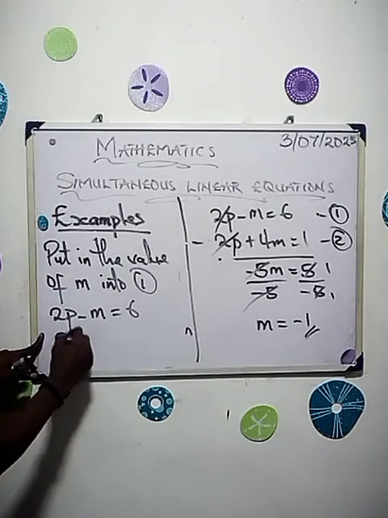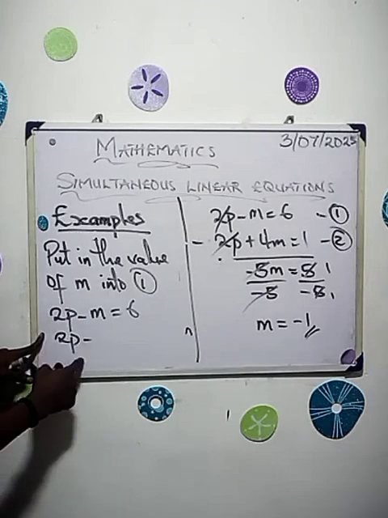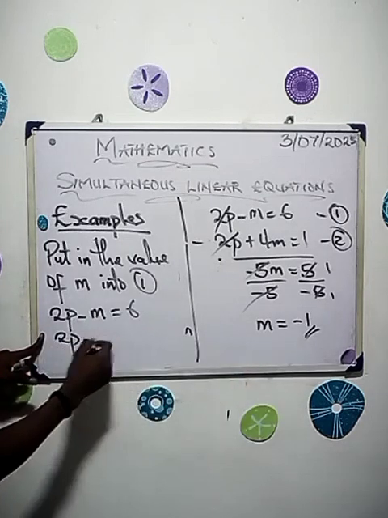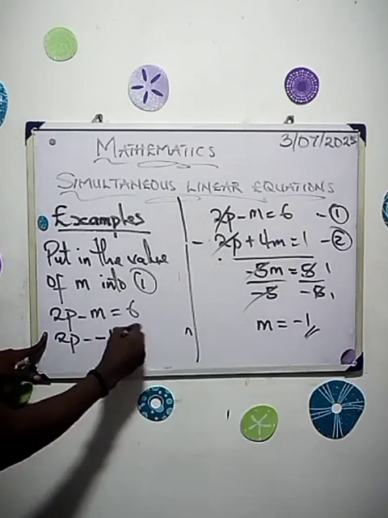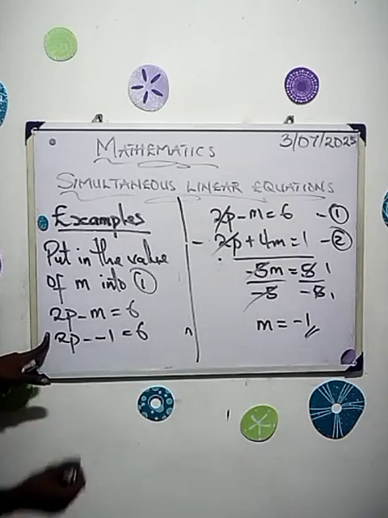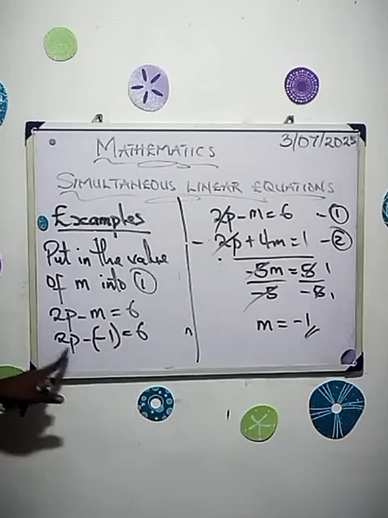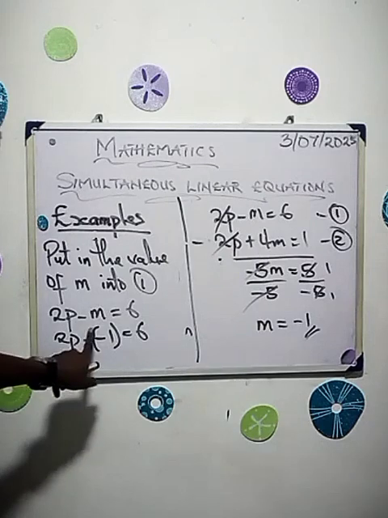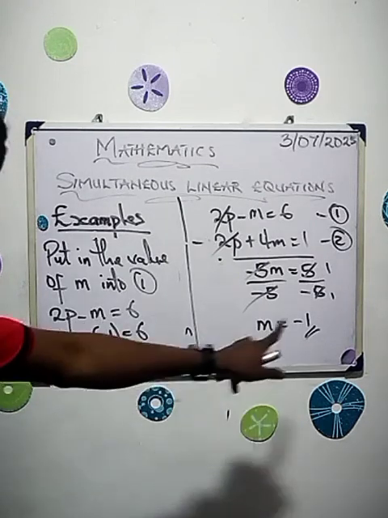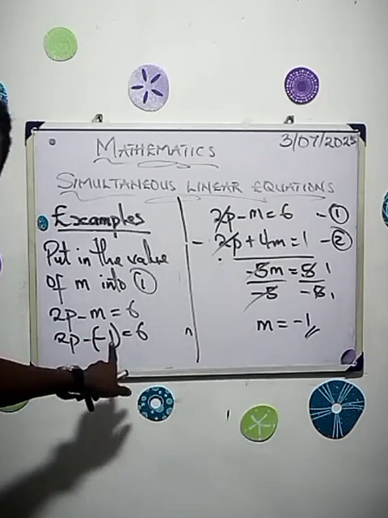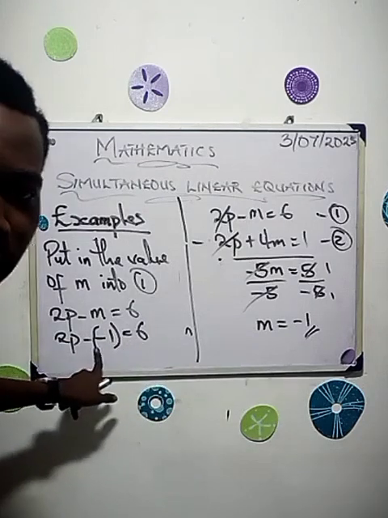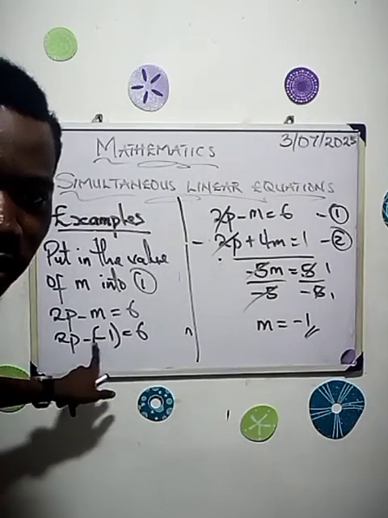So it will give you 2p minus, this is our minus here, then m now. M is what? Minus 1. So that's minus 1 equals 6. Now to avoid confusion, you want to put this in the bracket. So that's 2p minus m, and m is minus 1, so minus (minus 1) equals 6. Now minus times minus 1 is plus 1.